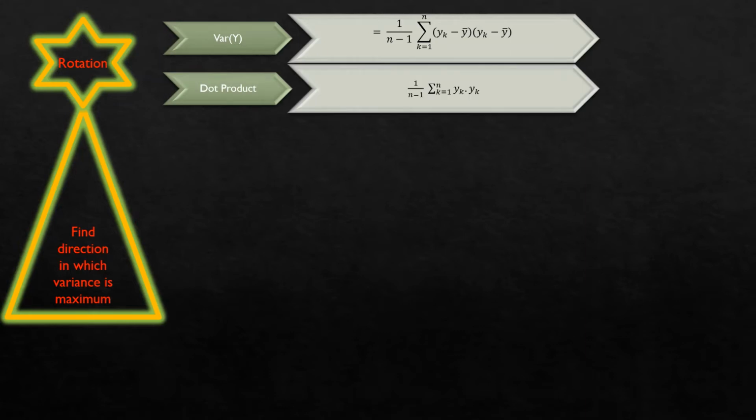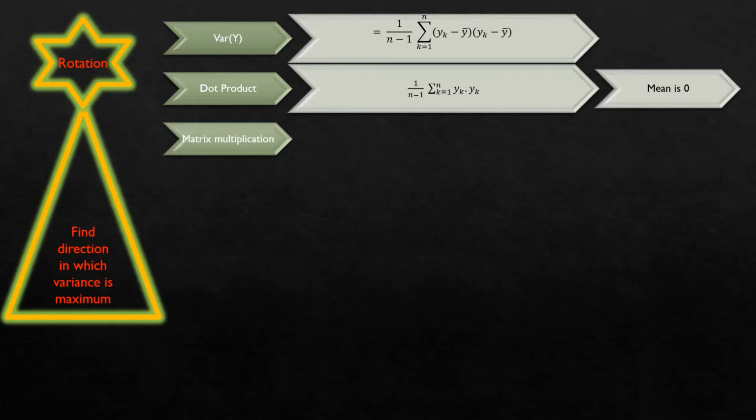I can write it as a dot product of two vectors yk dot yk. What happened to the y bar? The mean is 0 because we have already taken the mean subtracted data, and so the mean of the new set of data points will be 0.